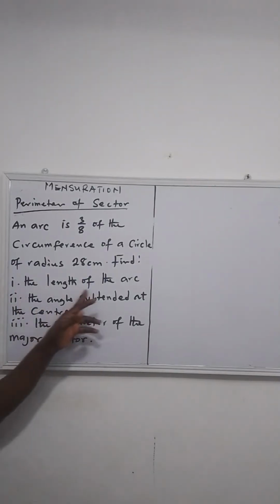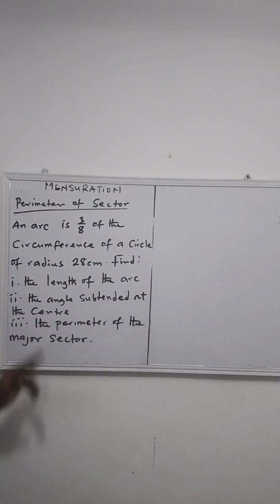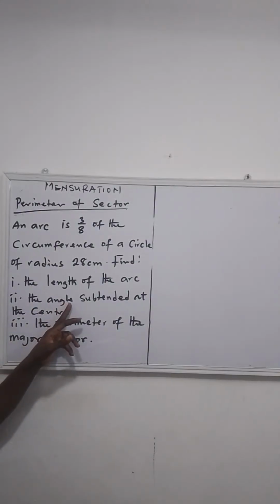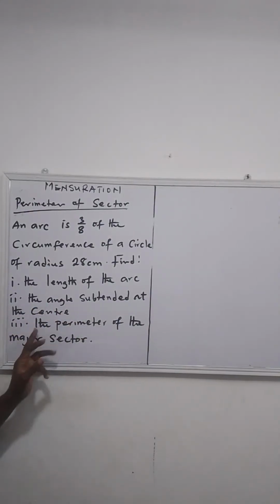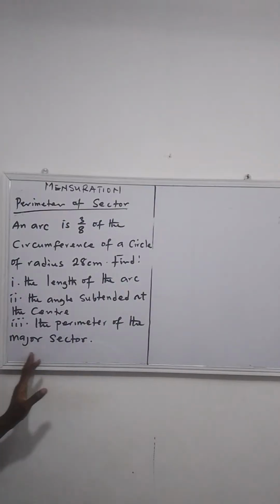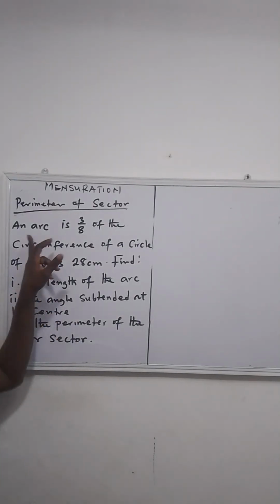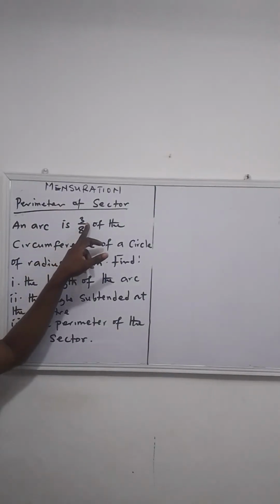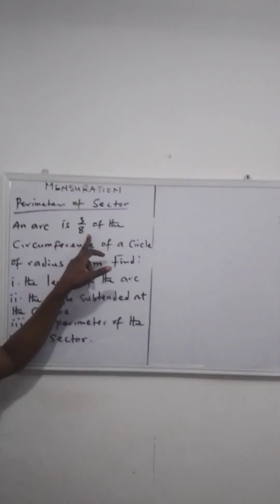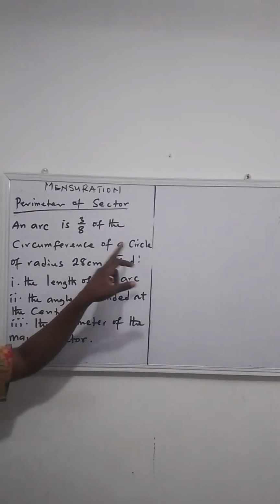You have to find the length of the arc, the angle subtended at the center, and the perimeter of the major sector. So how do we go about this? We have been given that the arc is 3/8 of the circumference of a circle.